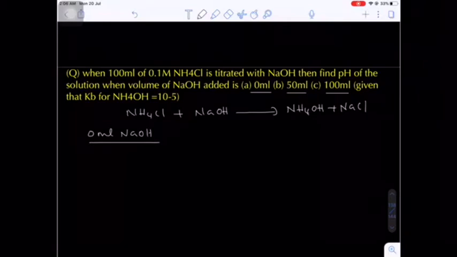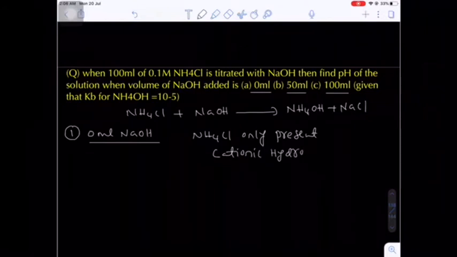That means we have to first calculate the pH for 0 ml of NaOH. When NaOH is not added, in the beaker only NH4Cl is present. Only NH4Cl present means cationic hydrolysis, salt hydrolysis. With the help of salt hydrolysis, we can find the pH of the solution.